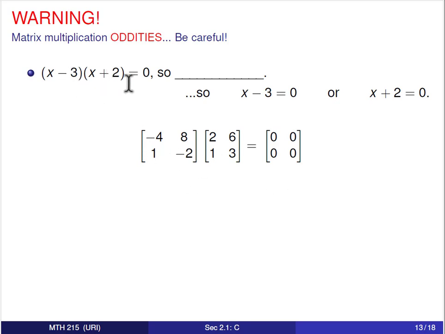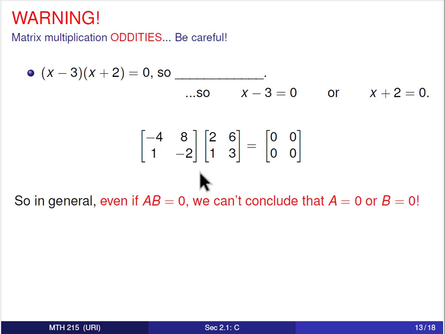So it's kind of like this setup. I've got one thing times another equals 0, but it's not the case that this matrix or this matrix was the 0 matrix. So we can't get the same conclusion as we did in algebra. Even if A times B is the 0 matrix, that does not mean that A is the 0 matrix or B is the 0 matrix.